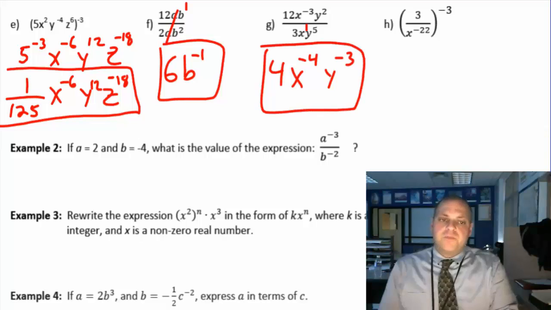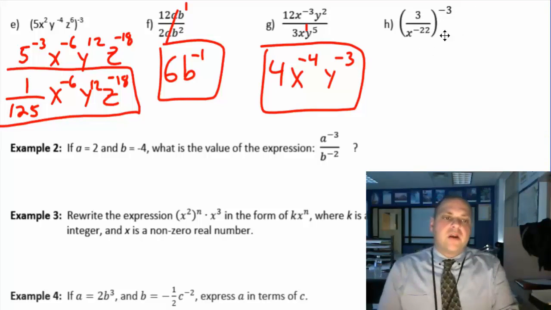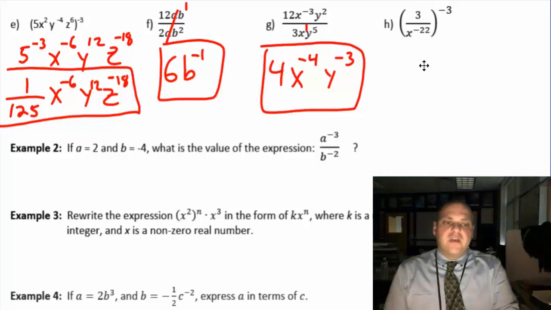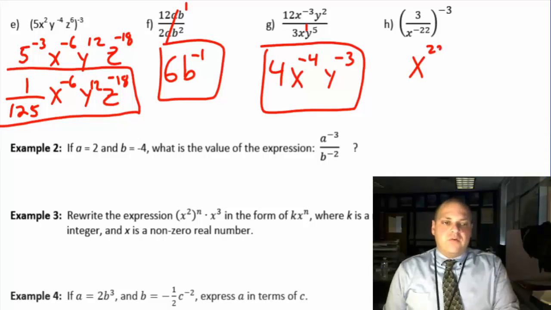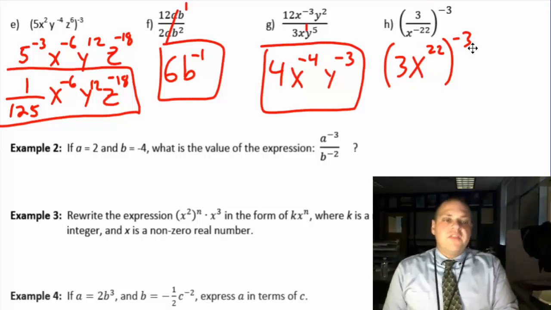So there we go. And then everything to the negative third. So this is what I'm going to do here. Let's make this a positive by flipping this. X to the positive 22. 3x to the 22. And negative 3. Because that moves up because it has a negative exponent. Now, the negative 3. 3 to the negative 3.